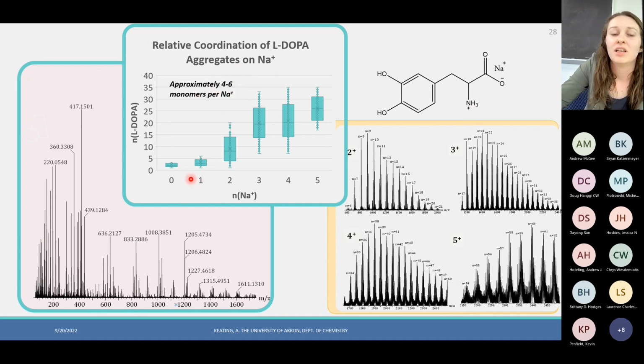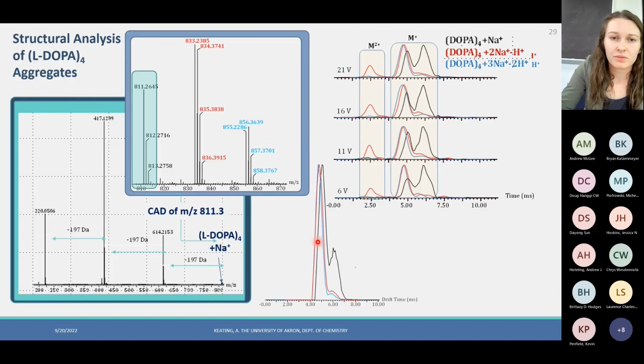So as the number of sodiums increases, the amount of L-DOPA stays in about a 4 to 6 ratio. So kind of chelating or coordinating to the sodium in a way that also fits the protonated molecule species that form these, we call them porphyrin-like structures. And so that was interesting, I guess, from a structural analysis.